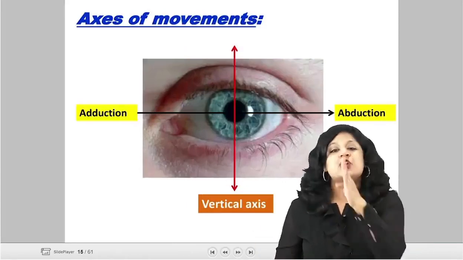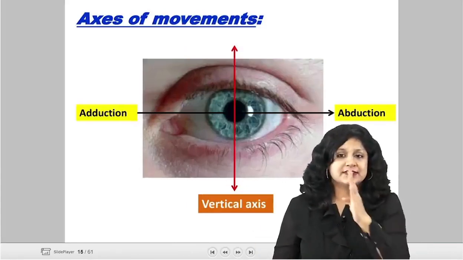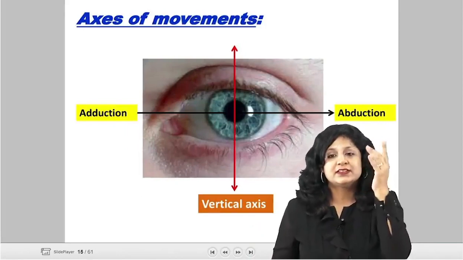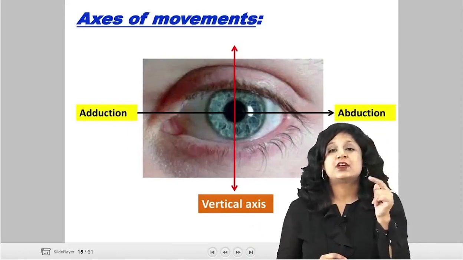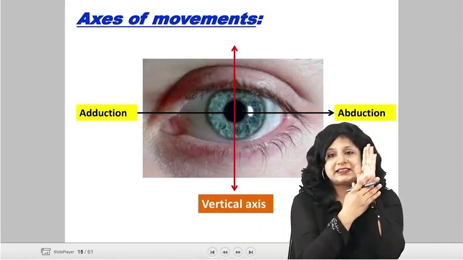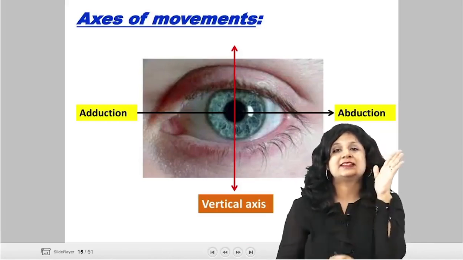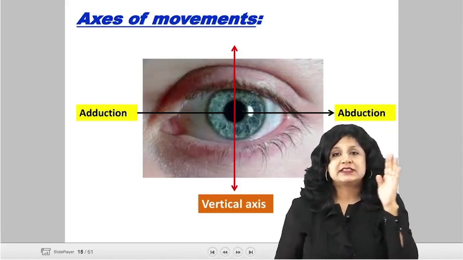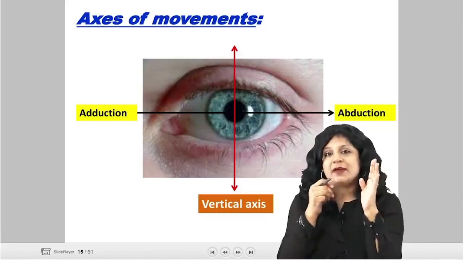Similarly, if I talk about the vertical axis, so this is my vertical axis. In this vertical axis, now what is happening? The movement is taking place in the horizontal plane. So what is this movement?